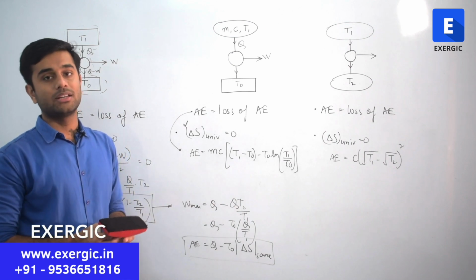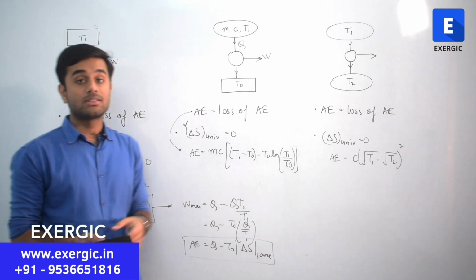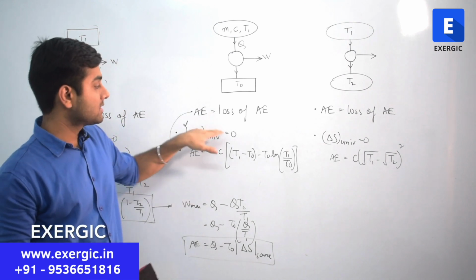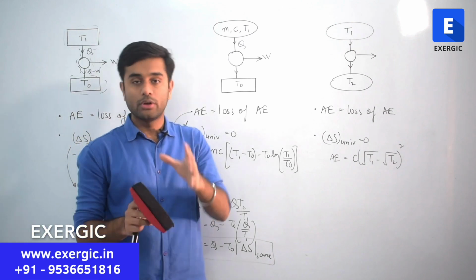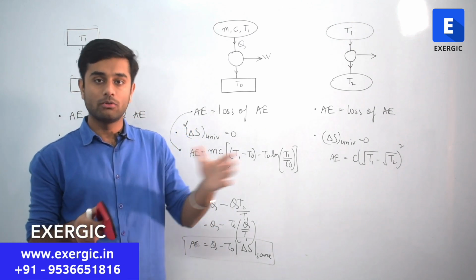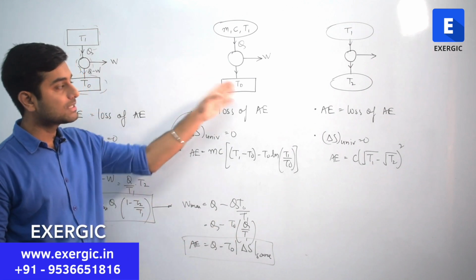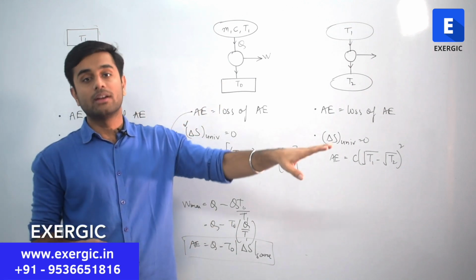Conceptually it's not something which is going to help you a lot, because there are certain questions where using delta S universe equal to 0 is going to help you. I'm not going to talk about those questions right now, we will cover them, but using this expression will only help you in these limited cases, but not everywhere.